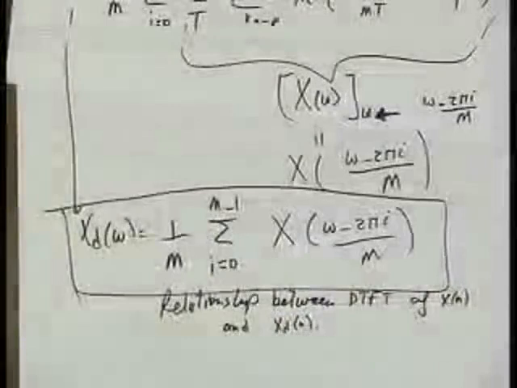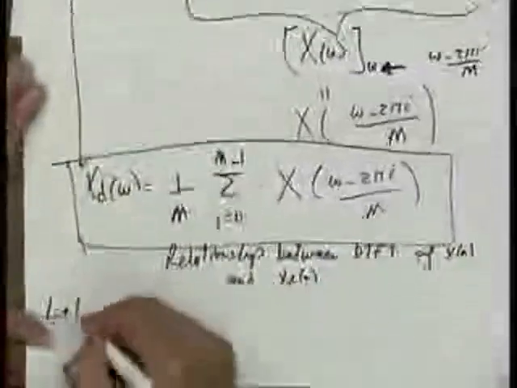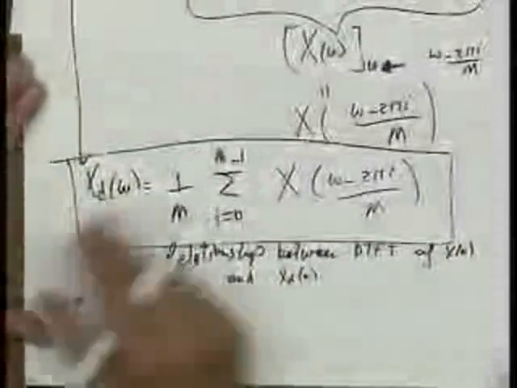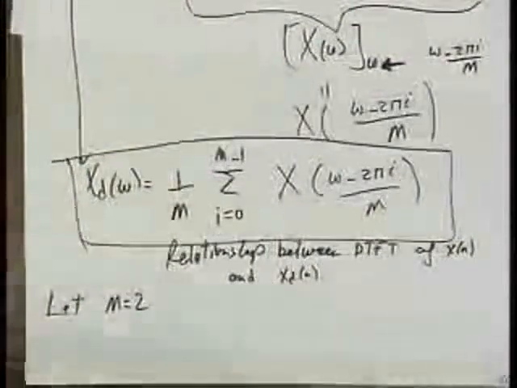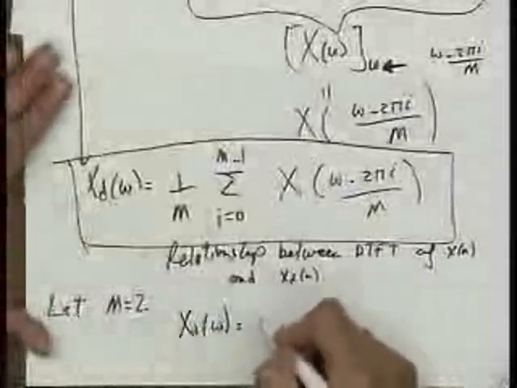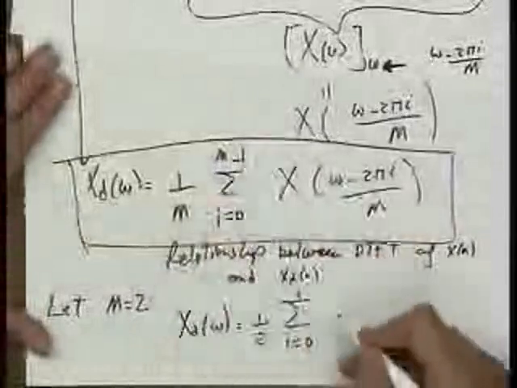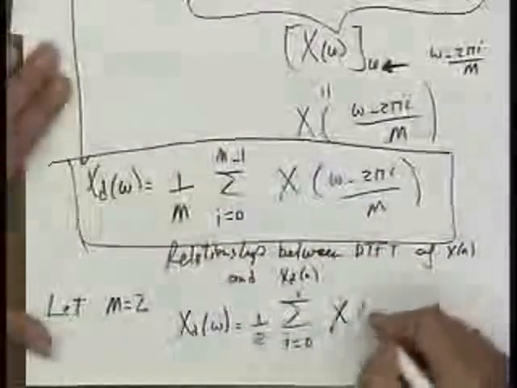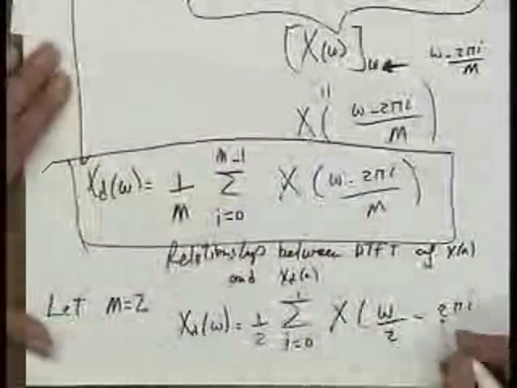And if I, just for the sake of simplicity, for drawing diagrams, let m equal 2, I'm subsampling by a factor of 2. I can do it by any integer factor, 3, 4, 5. And what I get is x sub d of omega is equal to 1/2 summation I equals 0 to 2 minus 1, which is 1, of x of omega over 2 minus 2 pi I over 2.